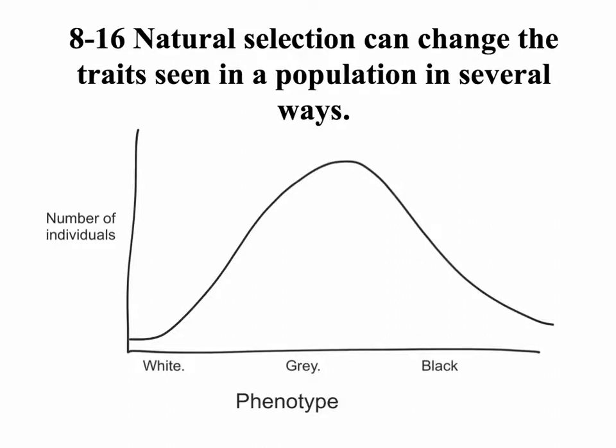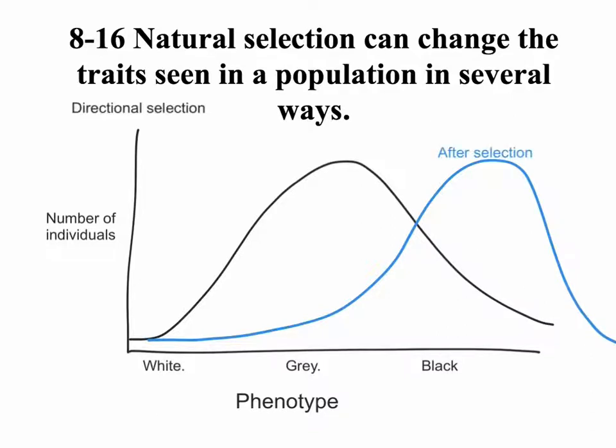During directional selection, we see that the overall population will shift towards one extreme phenotype or the other. So after evolution, most of the individuals will have a darker black phenotype. So in directional selection, we see that the population has evolved in one direction or shifted in one direction.